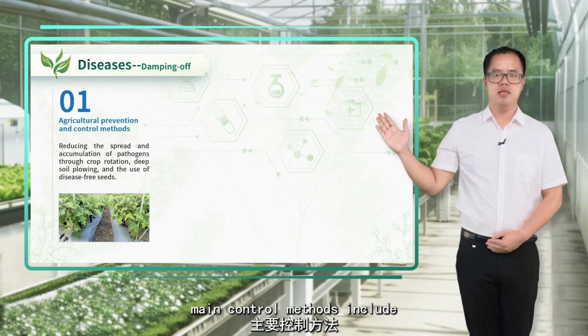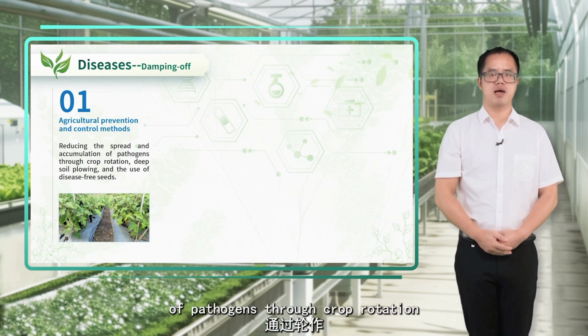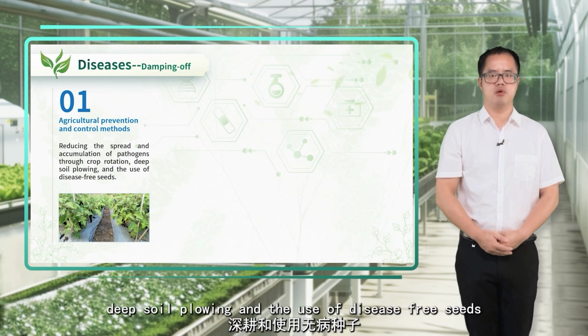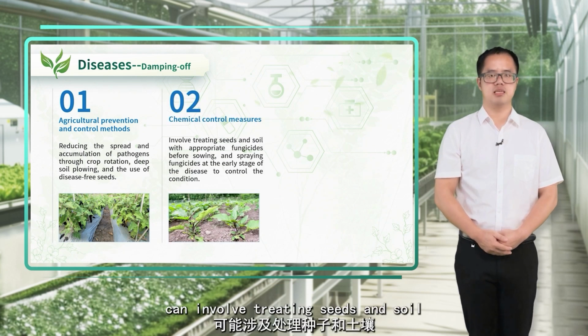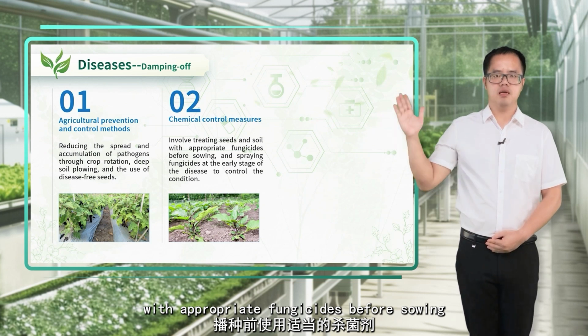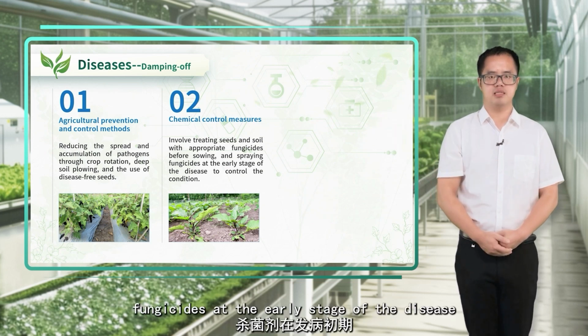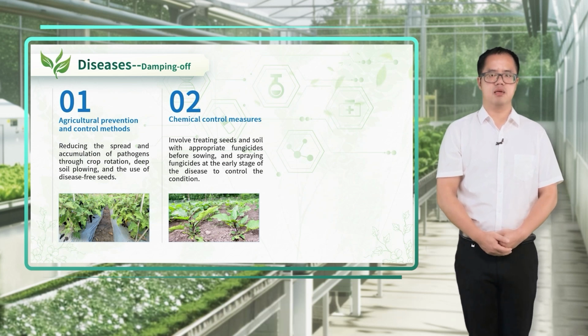Main control methods include reducing the spread and accumulation of pathogens through crop rotation, deep soil plowing, and the use of disease-free seeds. Chemical control measures can involve treating seeds and soil with appropriate fungicides before sowing and spraying fungicides at the early stage of the disease to control the condition.